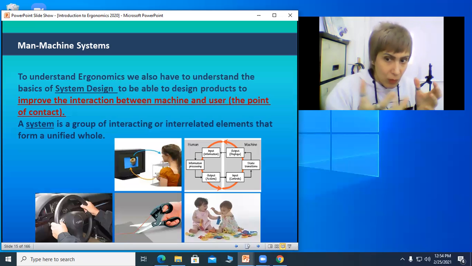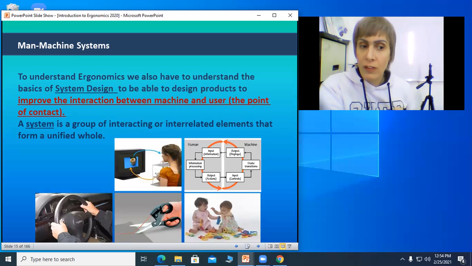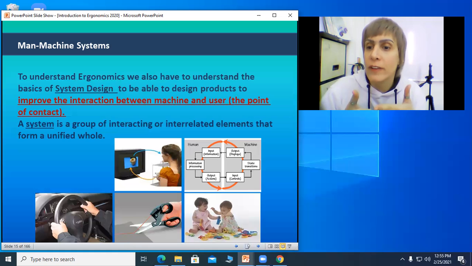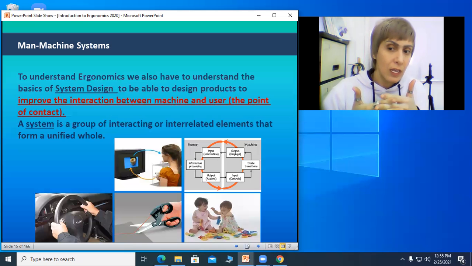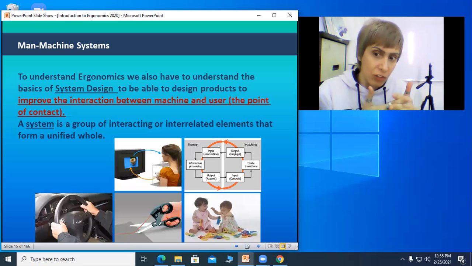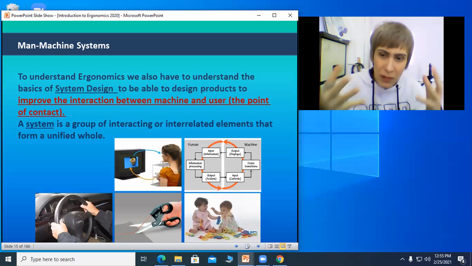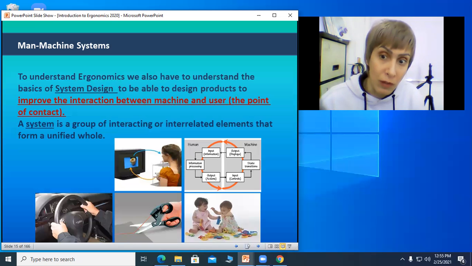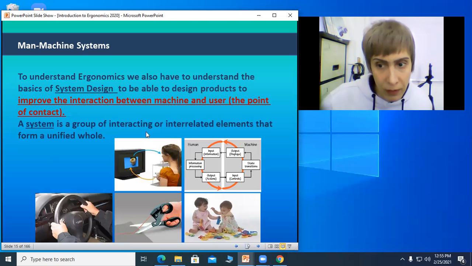And when there are points of contact between me and the product, this is called interaction, okay? So to improve this interaction, we need to understand some things in general about systems, how they function, what they are. So in a very basic way, of course.